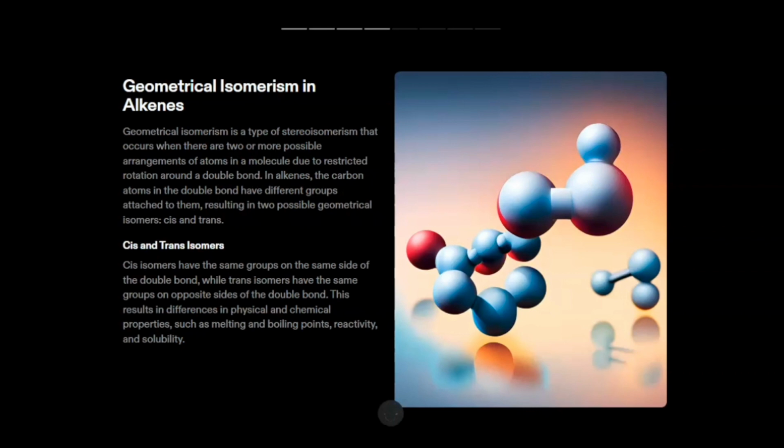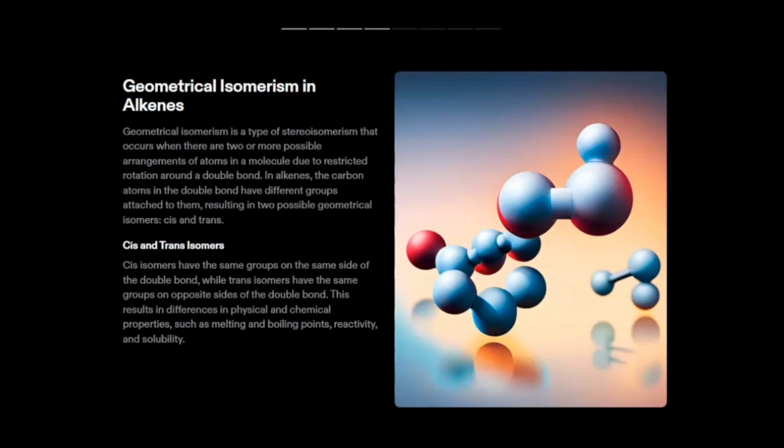We are going to learn about geometrical isomerism in alkenes. Geometrical isomerism is a type of stereoisomerism that occurs when there are two or more possible arrangements of atoms in a molecule due to restricted rotation around a double bond. It is mostly seen in alkenes.